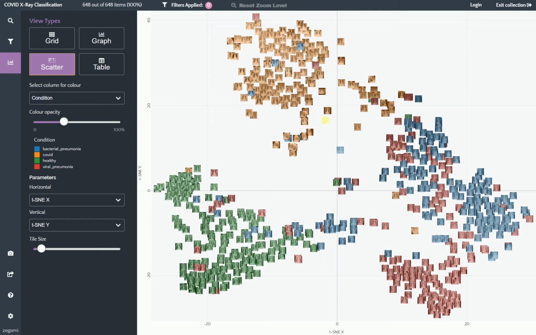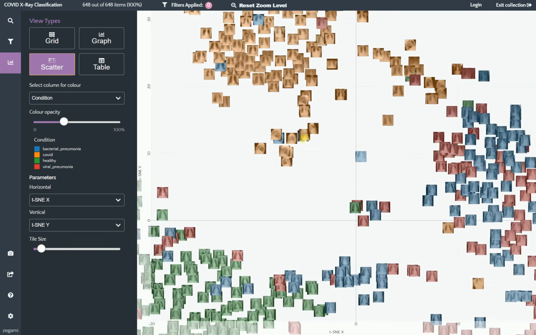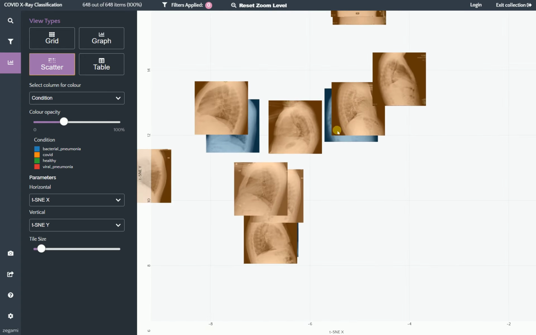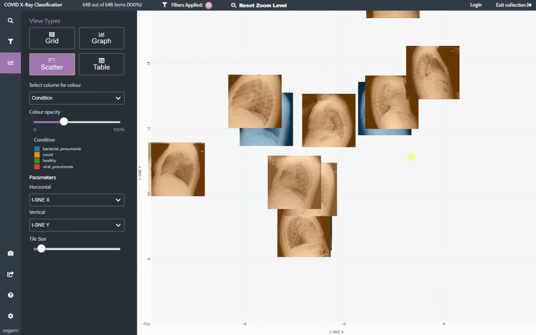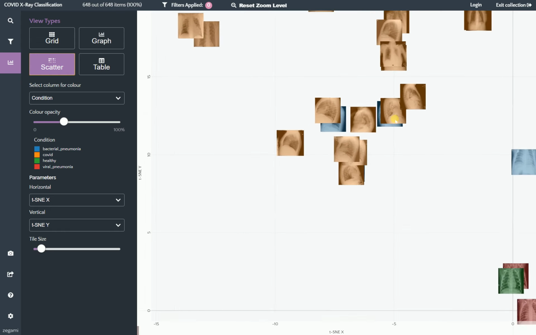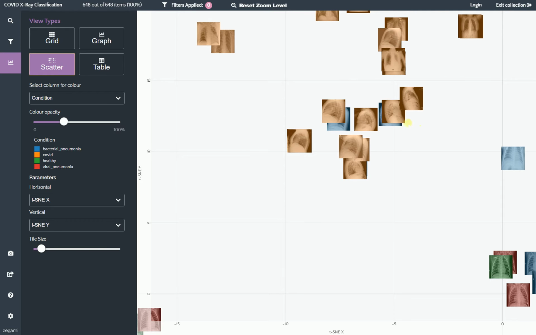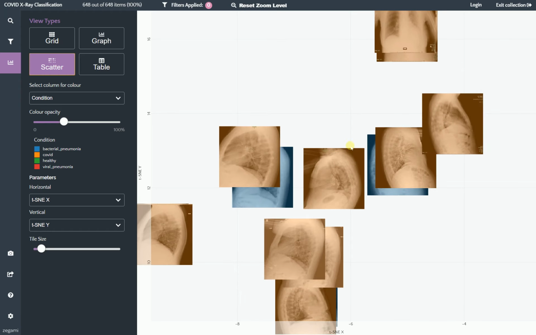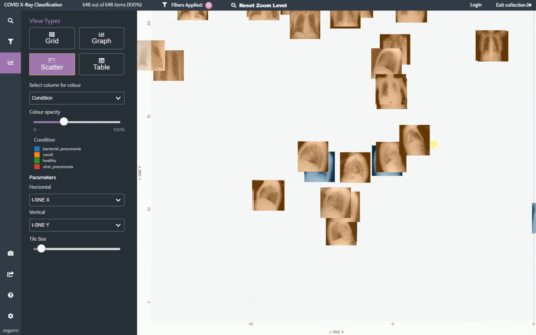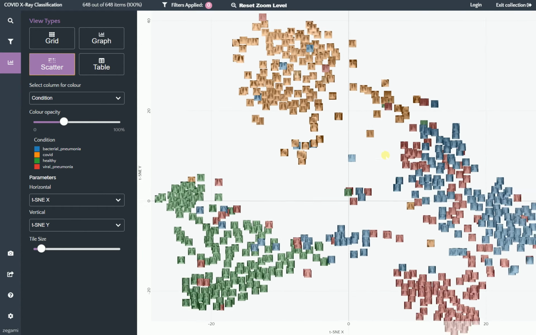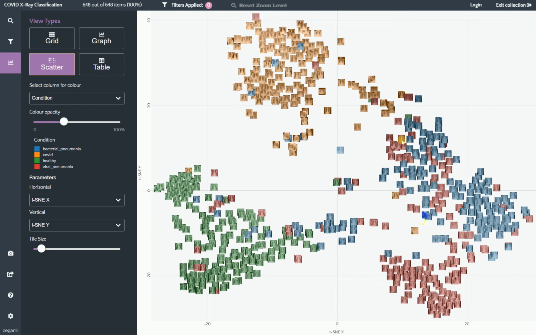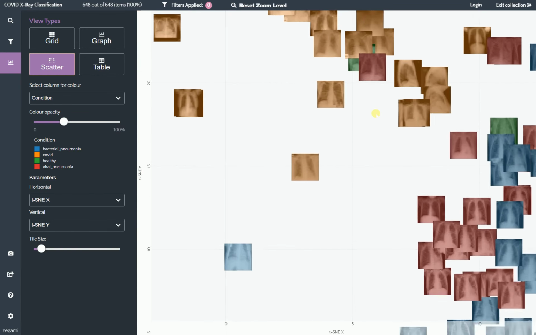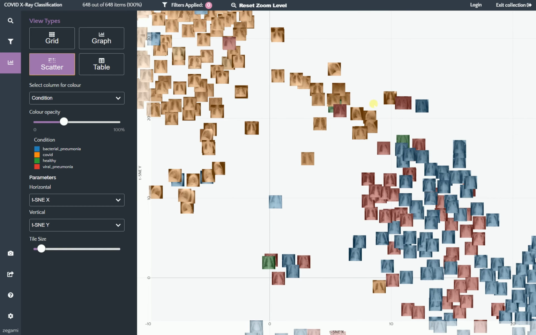What's interesting, of course, is that you can look to see what's going on in some of these clusters. For example here, these data are probably ones you don't want to keep, because if you compare them to the other ones, these are actually side views or lateral views, so they may confound your model. You've also got interesting cases where you've got this joining cluster here.